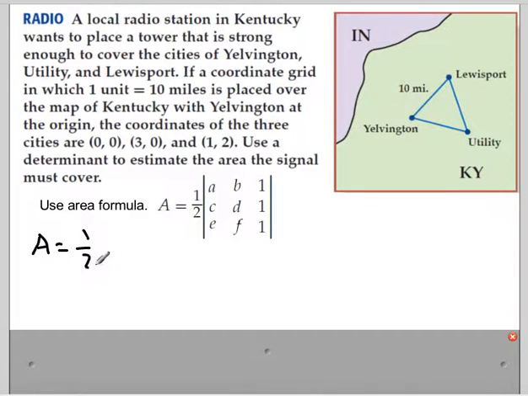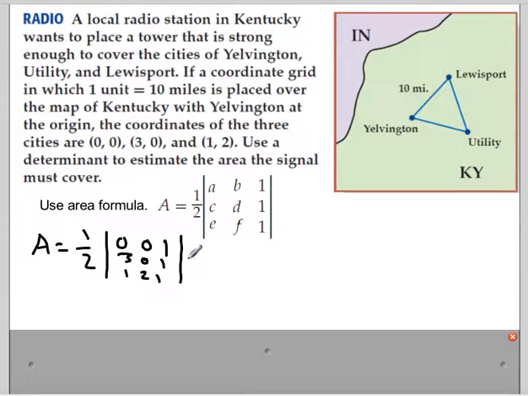We've got 1/2, and we could put in 0, 0, 1, 3, 0, 1, and then 1, 2, 1. Always leaving that far right column as ones.